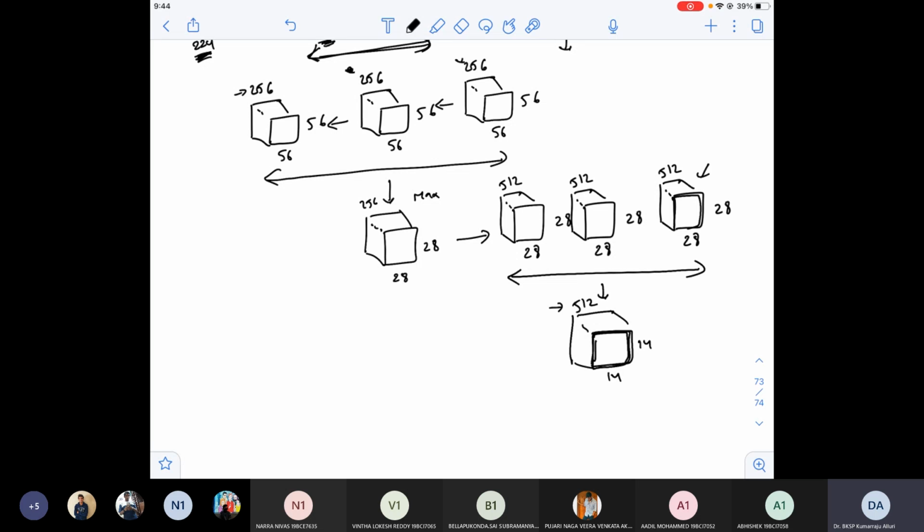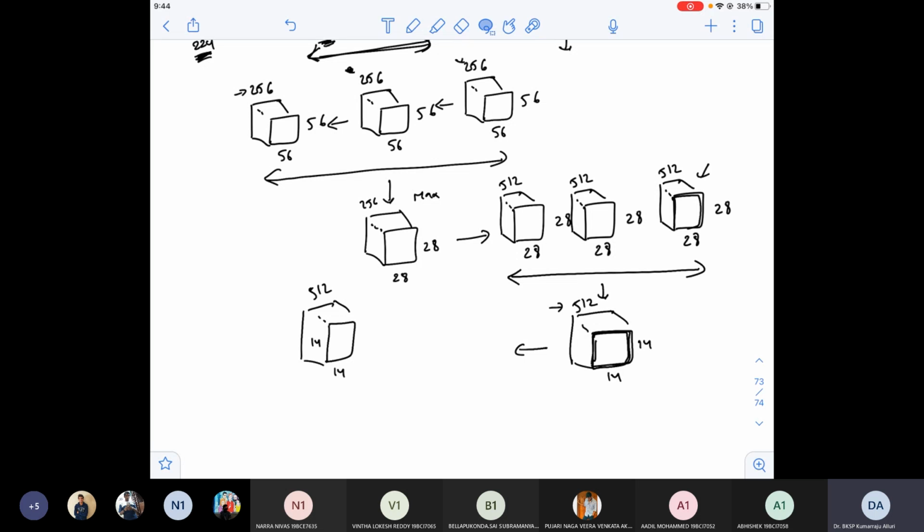So this is the max pool layer, and again, unfortunately, I have to apply the convolution layer. I think it should be around 14 cross 14, and the depth would be 512.